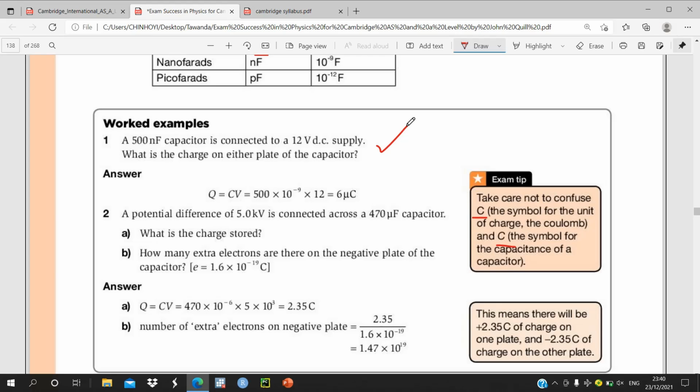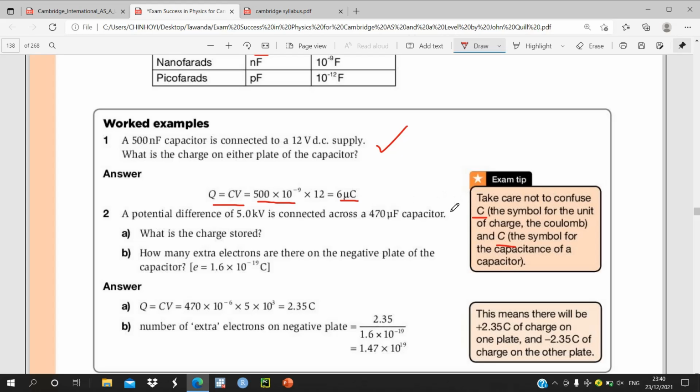From our definition, charge is equal to capacitance times voltage. Our capacitance is 500, and we must convert the nanofarads to 10 to the power of minus 9. Then we multiply with our voltage, which is 12. Then we get our charge as 6 microcoulombs.